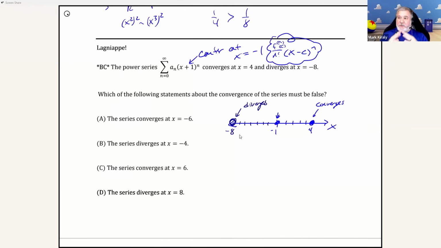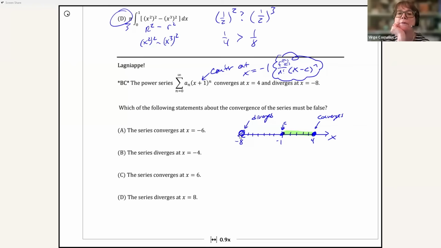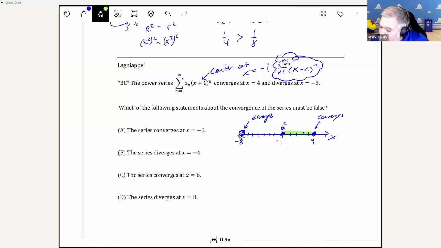We know that there's an interval of convergence and there's a radius. And there's some information here to give us an idea about the radius. I know my minimum radius is 5. I know everything in here has to converge because there's no way this thing stops converging and then starts converging again. So I know it converges at 4, so it converges up to 5 that way. But what's 5 the other way? -1 minus 5, negative 6. So I got the point at -6.